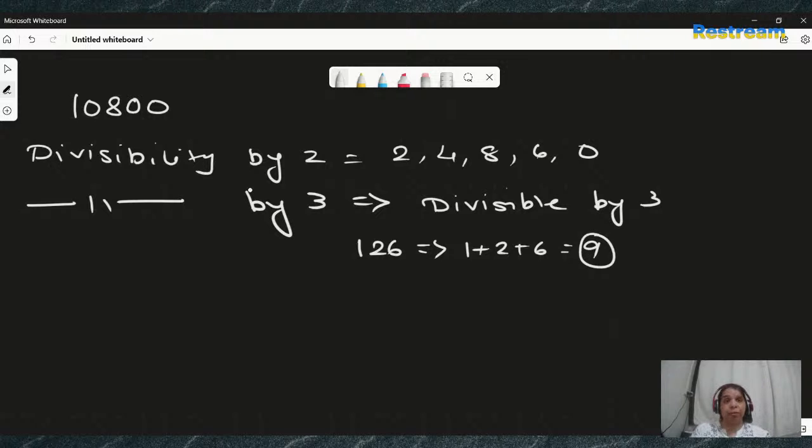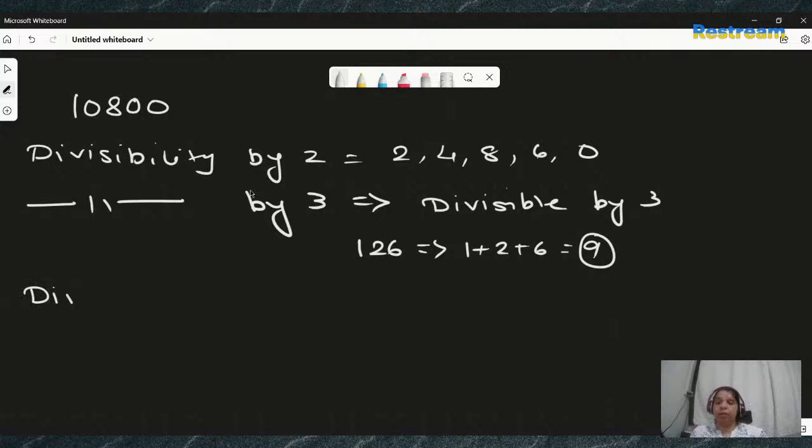Now 9 is divisible by 3, so 126 is divisible by 3. So the divisibility rule by 3 states that if all the digits in a number add up to a number divisible by 3, then the original number is divisible by 3. You can write this down as well.